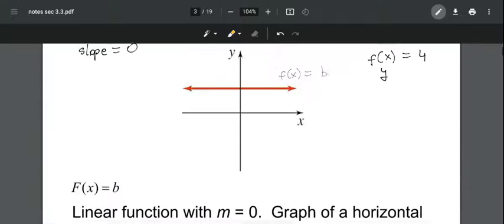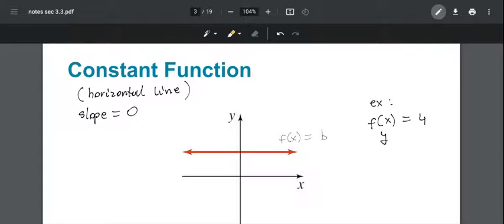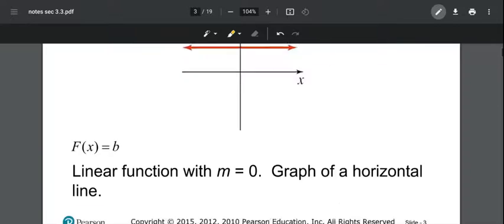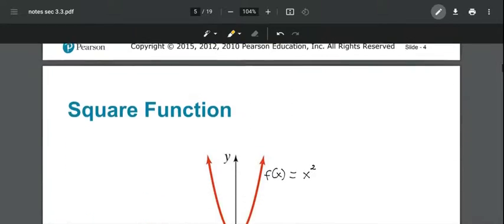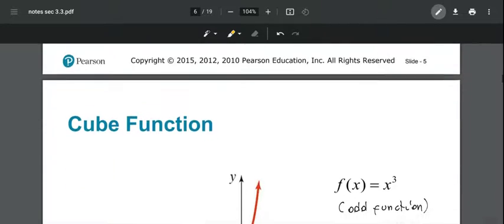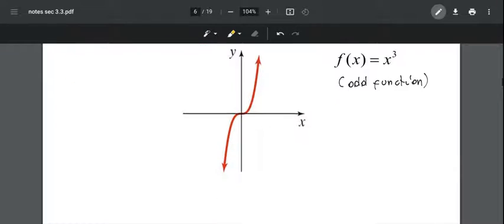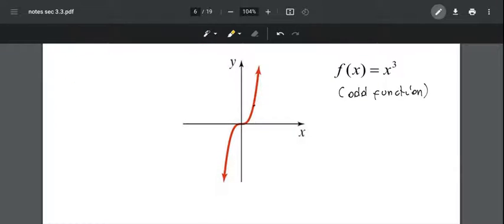And the previous one, the constant function, is an even function; we have y-axis symmetry there. Let's go back to the cube function, which is an odd function. If you have a point on the graph (1, 1), you're also going to have a point with opposite x, which is -1, and opposite y, which is -1.